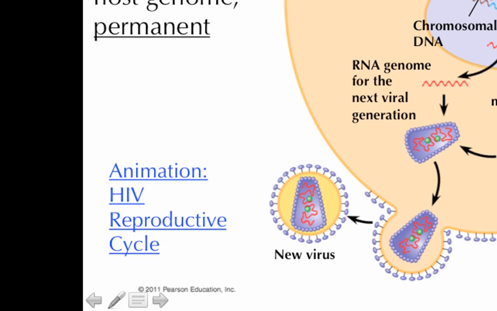After a certain period of time with infection, that can cause AIDS, acquired immunodeficiency syndrome, and that's when your immune system is really not working very well, and people tend to die from pretty simple infections that they just can't fight off anymore. So here would be an example of the retrovirus, specifically HIV. So in here, reverse transcriptase is encoded by the viral genome. That's the little green enzymes.